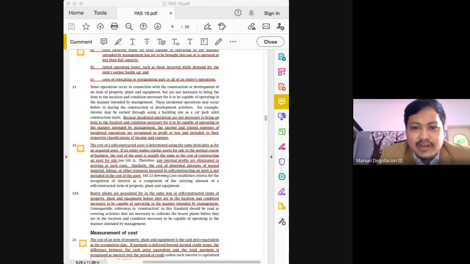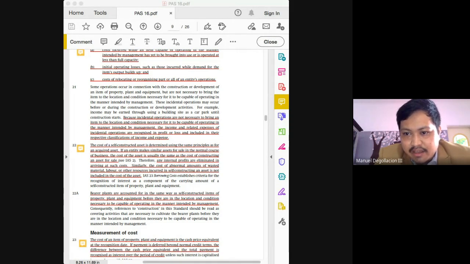Any internal profits are eliminated in arriving at such costs. Similarly, the cost of abnormal amounts of wasted material, labor or other resources incurred in self-constructing an asset is not included in the cost of the asset. Again, nothing extraordinary here.